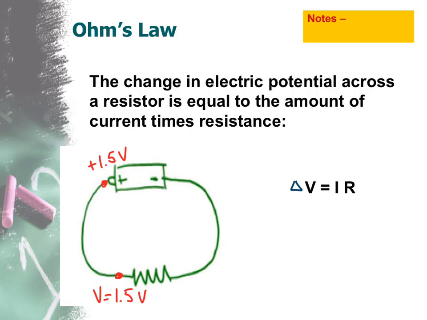So if I have a battery, and this positive terminal is at positive 1.5 volts, I use one of my rules of circuits to remind myself that this point is also at 1.5 volts. The negative terminal is at 0 volts, so I also know that this point is at 0 volts.